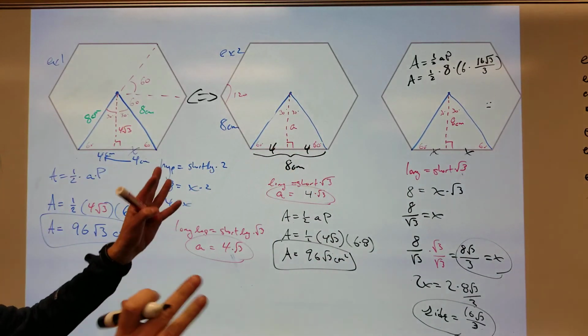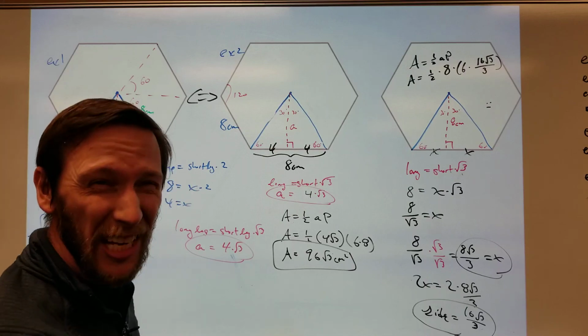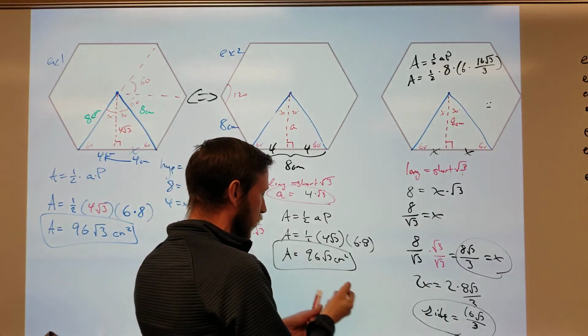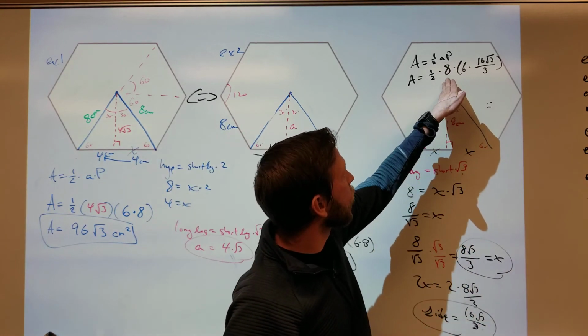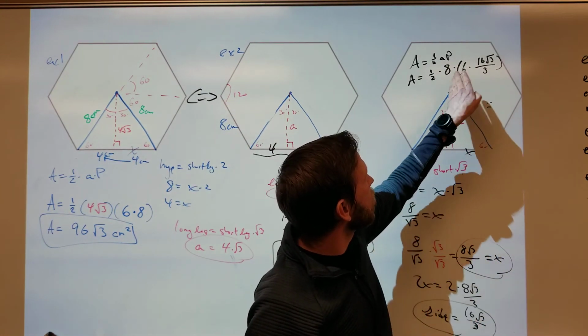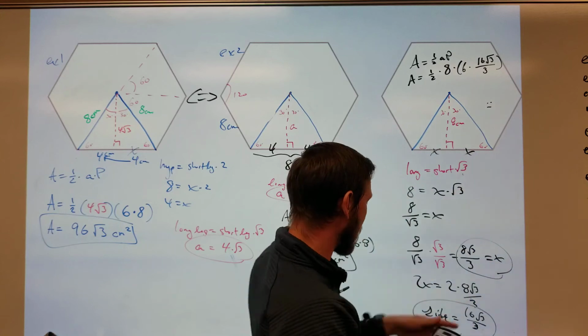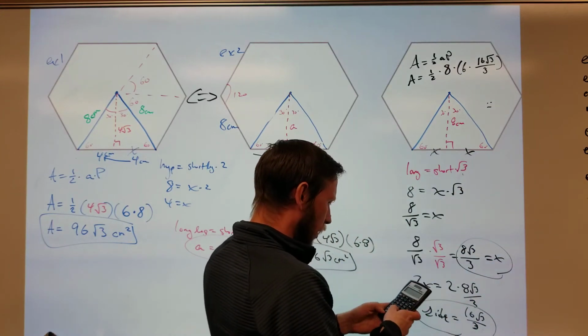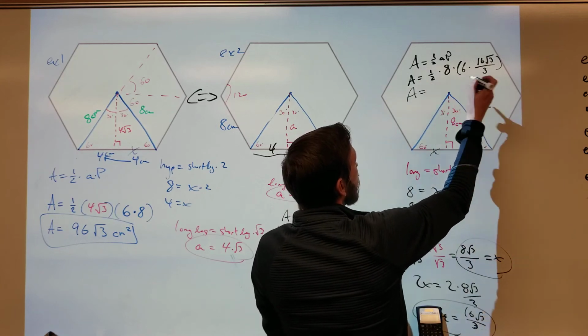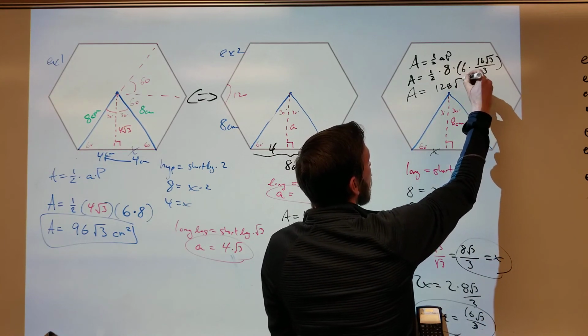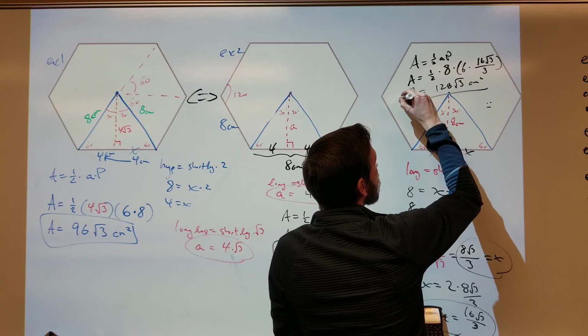So we've got a little bit of math magic that can happen here. I'm still going to end up using my calculator because it's going to make us feel a little bit groovy. But basically what we're going to have is 1/2 of 8 makes 4. 6 divided by 3 is going to be 2, so I get 4 times 2 makes 8. 8 times 16 should make 128, I believe. 8 times 16, yeah, it's 128. So we end up with the area is 128 times the square root of 3 square centimeters.